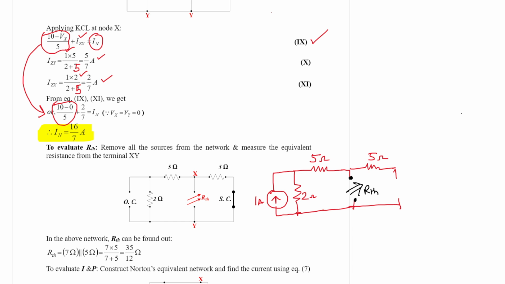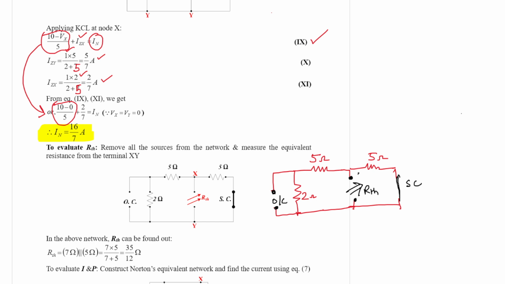And how can you remove the current source? By making it open circuit. So let us make it open circuit.